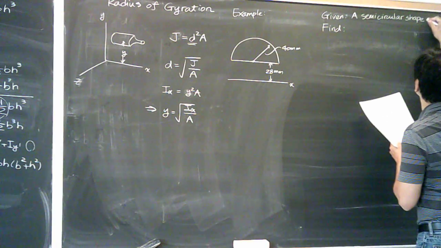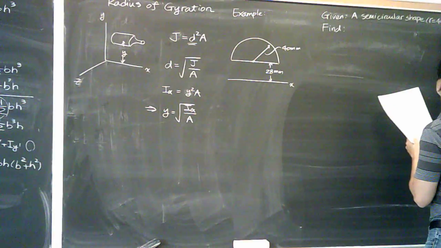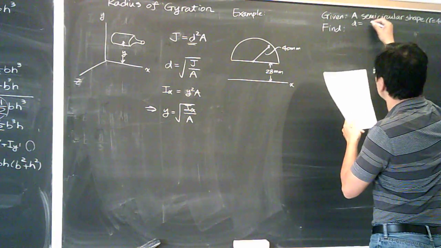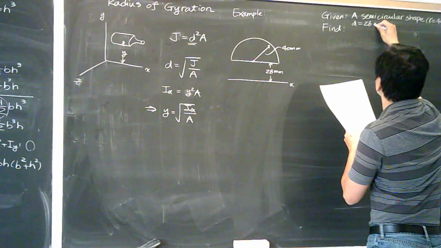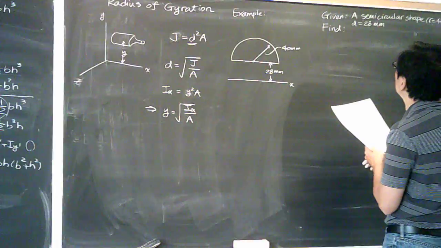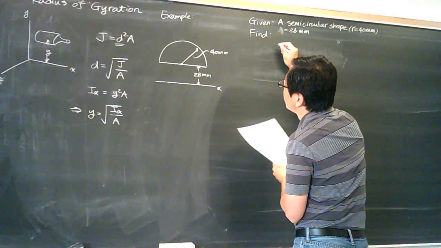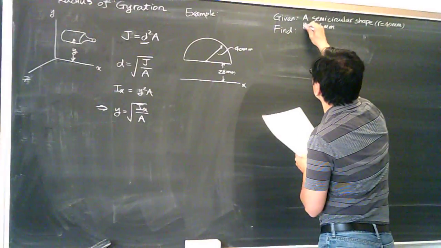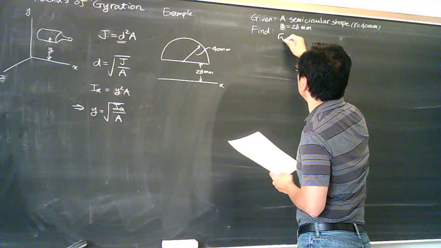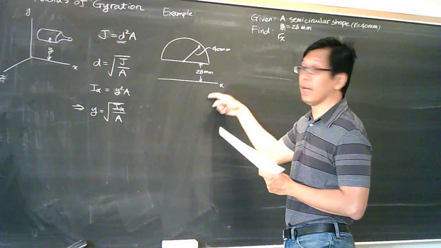In this case, R equals 40 millimeter and D equals 28 millimeter. Do I want to use D? I want to find the radius of gyration of this thing about the x-axis.